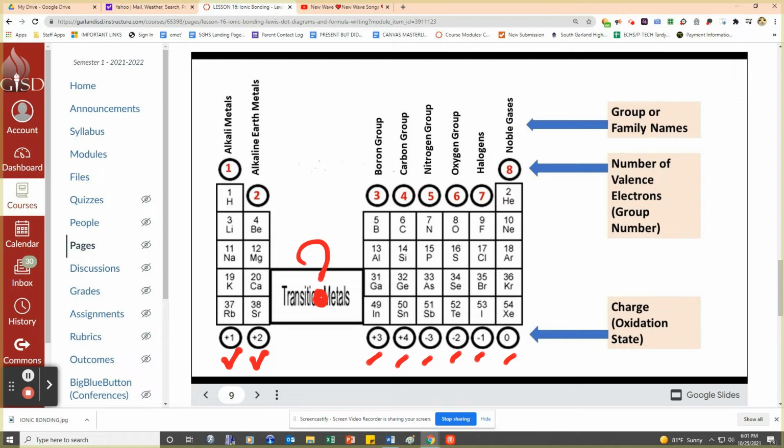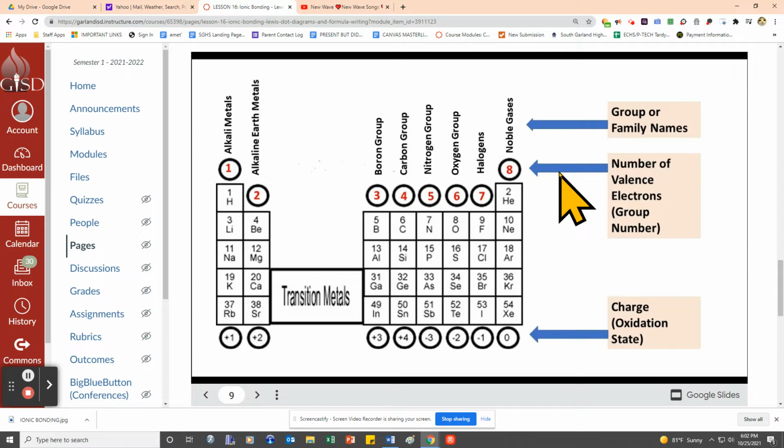Remember, guys, we said transition metals have a sea of electrons, which means the electrons are moving around so much that we don't really know exactly what the charge is. There are so many possible charges because they keep moving around. But even though that is the case, we still have what you call stable oxidation numbers. So we only have stable oxidation numbers.